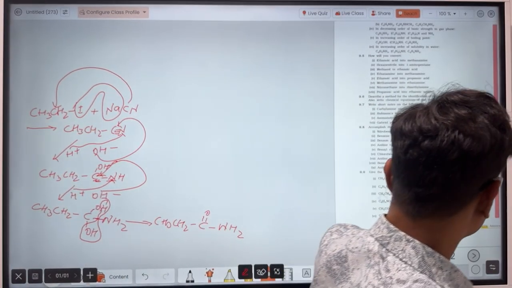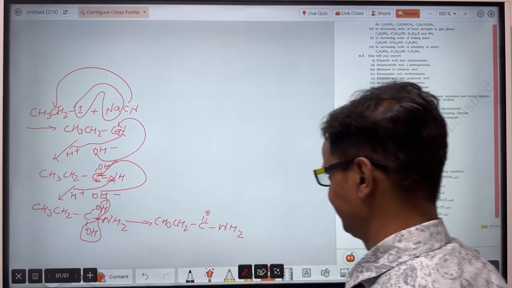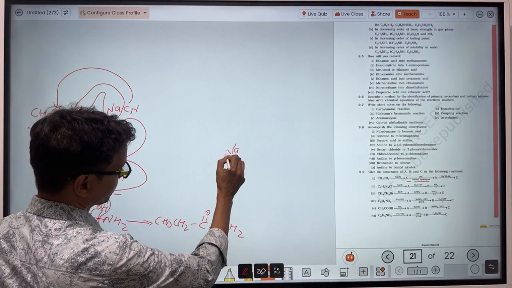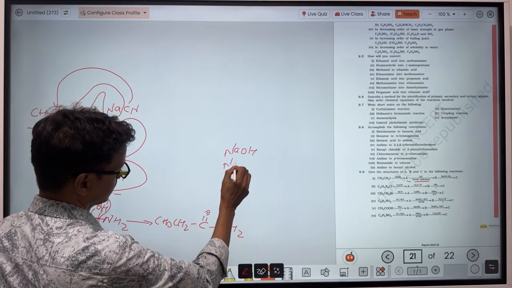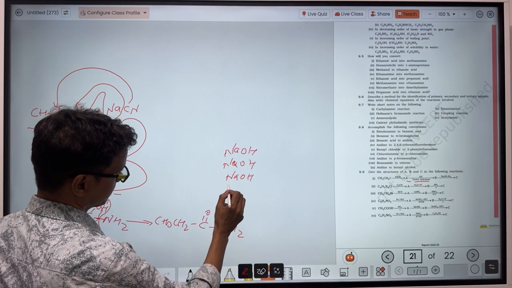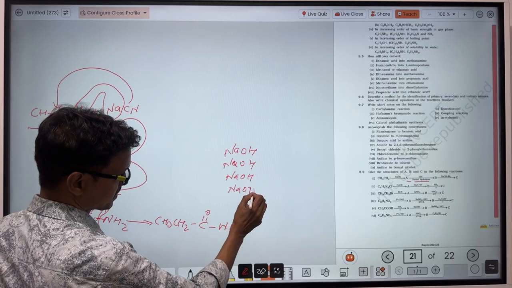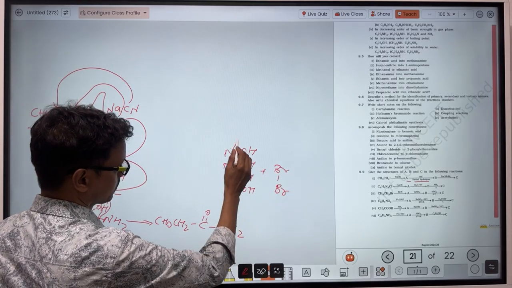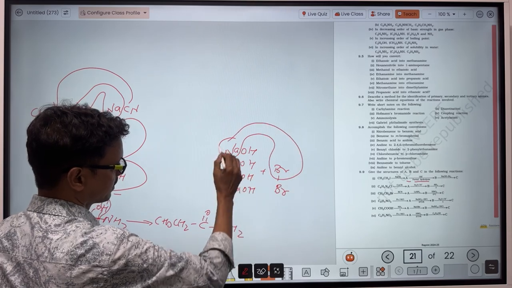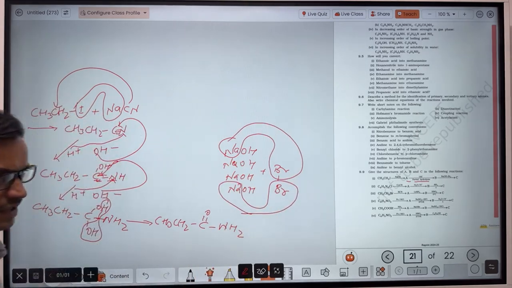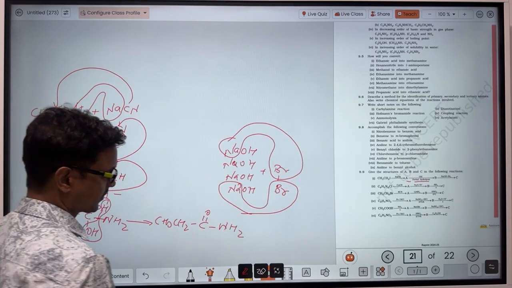Then after that, the reaction with NaOH and Br2. Watch out here, 4 moles of NaOH were there. Recall the reaction which we have discussed. So sodium will combine with this bromine to form NaBr. Again this sodium will combine with this bromine to form NaBr.